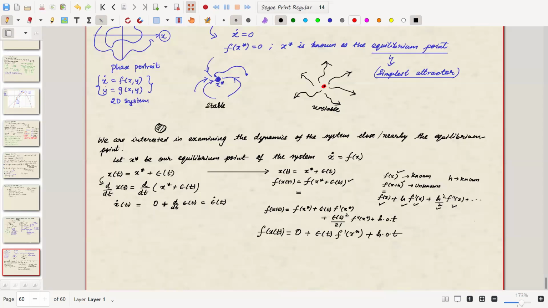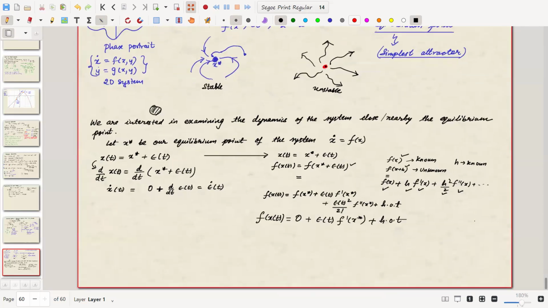You have to tell me, I won't proceed. After this, what do we want to do actually? So what are you expecting from this? Just think what we are doing here. We applied just a tiny perturbation, epsilon, and then we are analyzing the dynamics of this system.